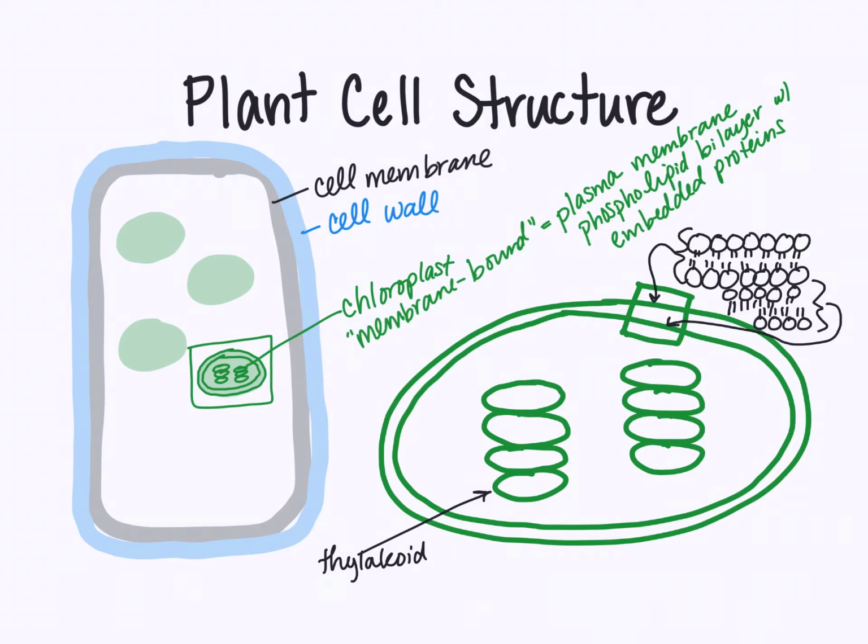So if you were to zoom into a section of the membrane here, you would see something very similar to the cell membrane with this phospholipid bilayer. So this whole structure here is the thylakoid, and then the edge or the membrane is called the thylakoid membrane.